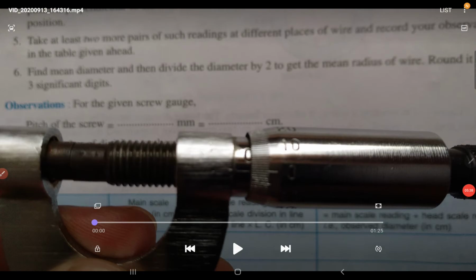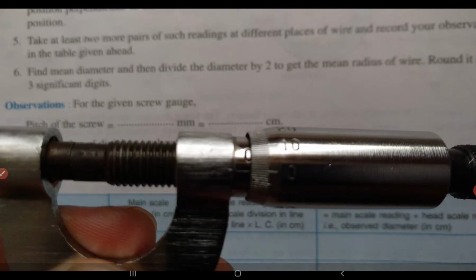As you can see here, I am about to play a clip where the circular scale of the screw gauge, the hollow cylinder, is to be rotated such that it completes one rotation.